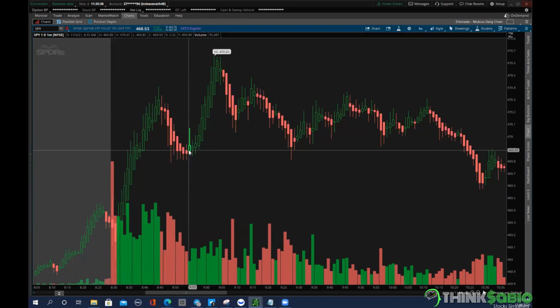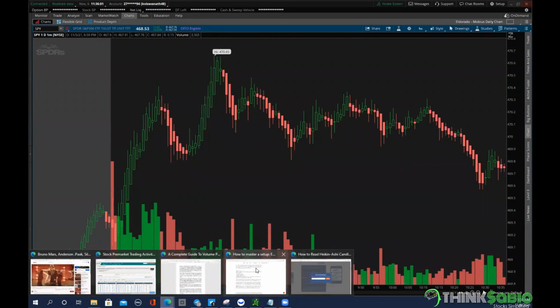If you want to see the average of the last 10 candles, for example, 1, 2, 3, 4, 5, 6, 7, 8, 9, 10, the average price between this candle and this candle is called a moving average. It moves along with the price, but there will be a short delay in the price movement of the moving average.